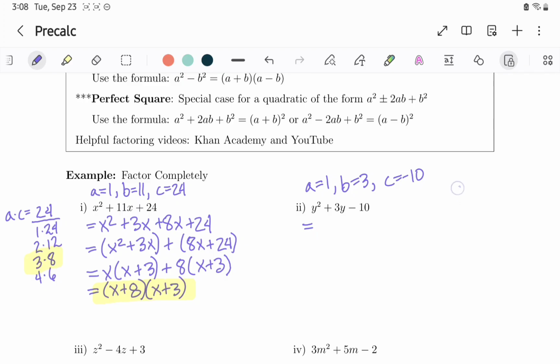So let's figure out our two numbers for the AC method. So a times c here is equal to 1 times negative 10, which is negative 10. And b is equal to 3. So we want to find a factorization of negative 10 into two numbers whose sum is a positive 3.